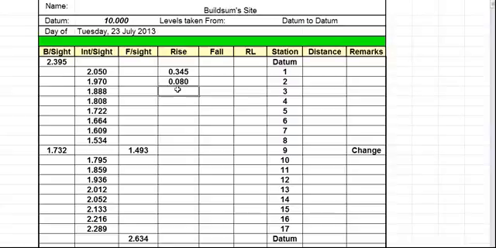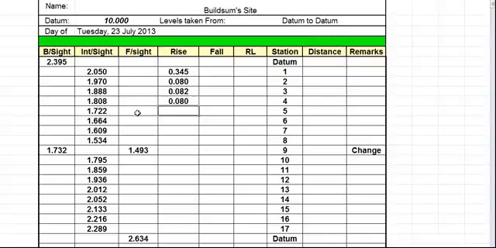It's still positive, so 0.082. 1.888 minus 1.808 is going to give us a difference of 80 mil, or 0.080. Still a positive, so still in the rise column.